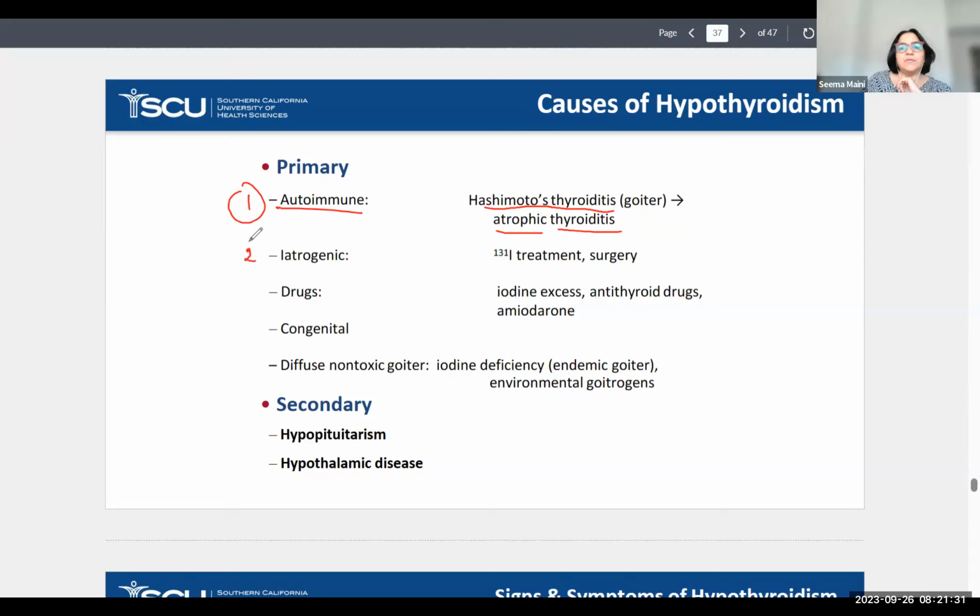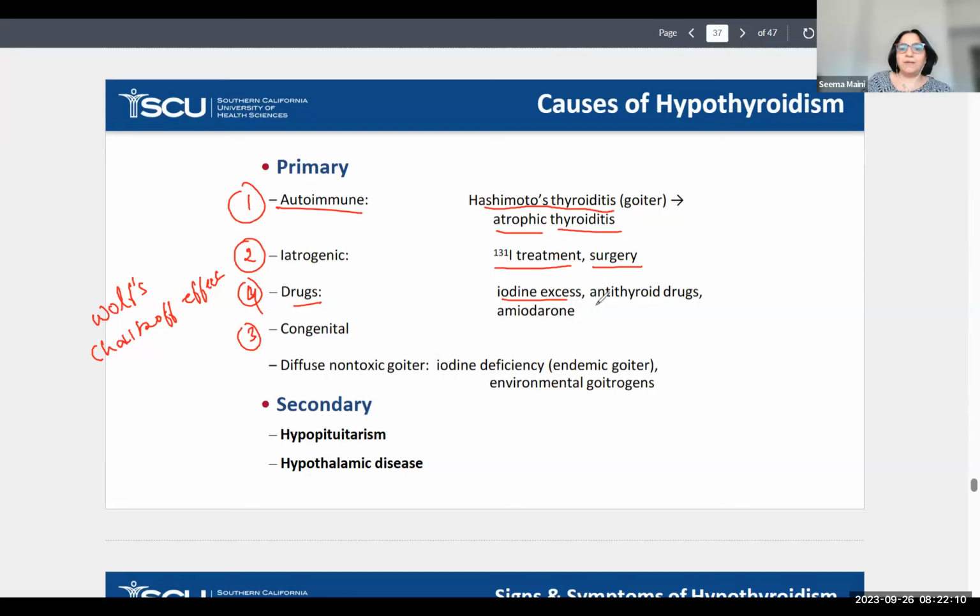Second type is iatrogenic, if the patient is on iodine 131 treatment, or due to some reason the thyroid gland was removed, because of thyroid cancer. Okay, the third kind of disorder can be congenital. And then there are drugs like iodine excess. I told you the name of this, the Wolff-Chaikoff effect, when excess iodine in the salt can depress the thyroid gland.